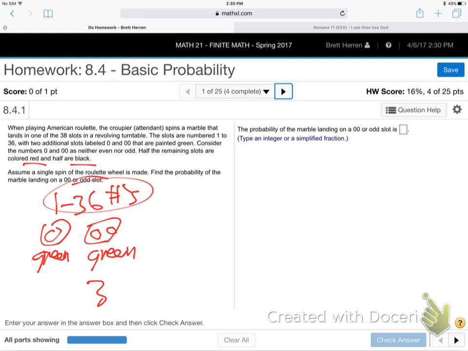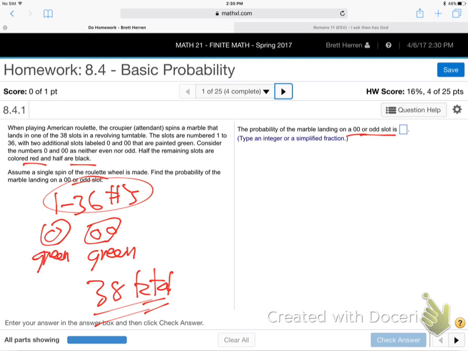So there's 38 total spots on a roulette table. 36 of them are numbers, and then the green 0 and the green 00. Okay, so the probability of the marble landing on 00 or an odd slot. What's the chance it's going to land on 00 or odd?